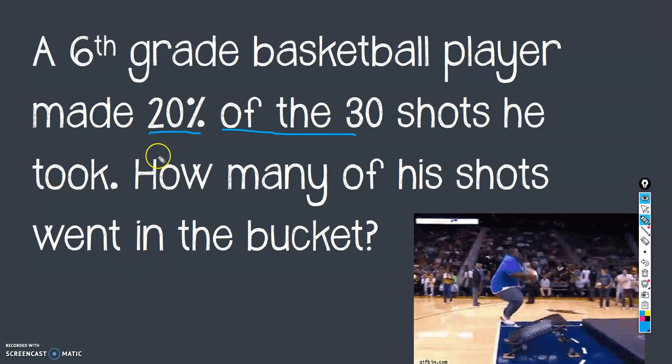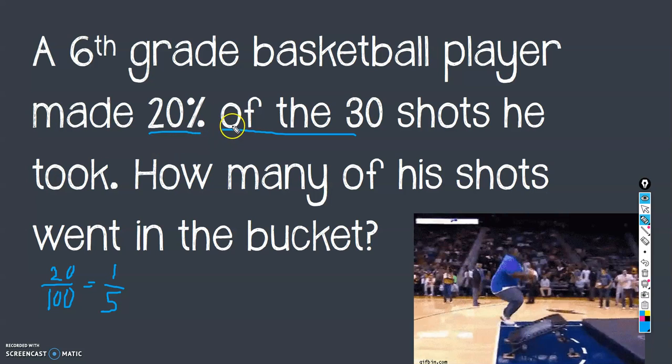We'll do this first of all as a fraction. So I know that 20% is 20 over 100, which simplifies, divide by 20, to 1/5.